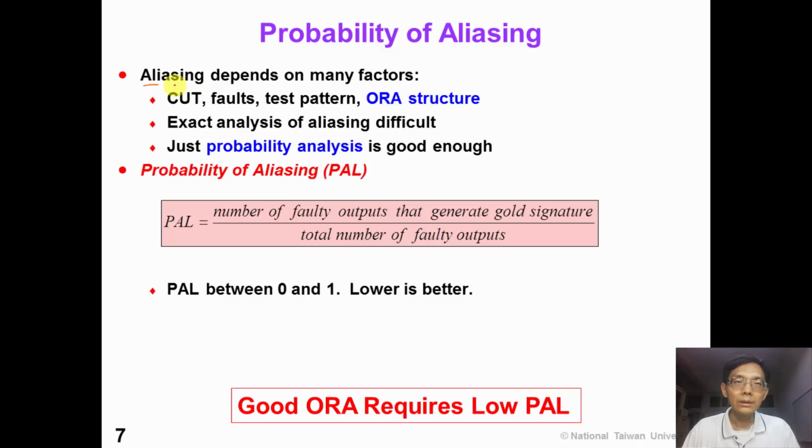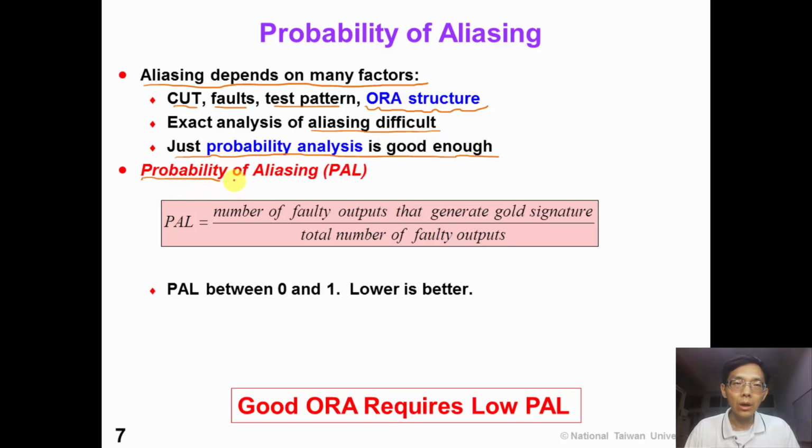Aliasing depends on many factors such as the CUT, the fault test patterns, and the output response analyzer structure. To perform exact analysis of aliasing is sometimes difficult, but we don't actually need an exact analysis. We can just use probability analysis to analyze the ORA.